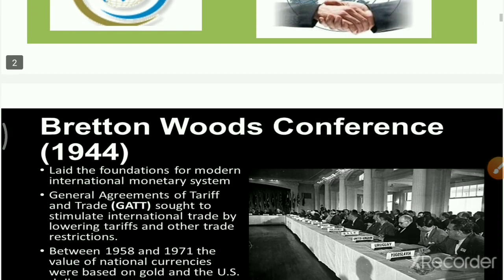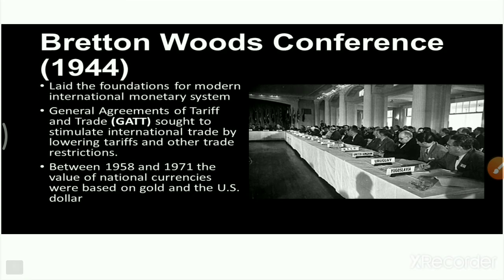Just look at the history of this GATT. After World War II, due to financial crisis and recession, there was no faith among different countries in each other. So foreign trade totally collapsed, and it resulted in unemployment and recession.